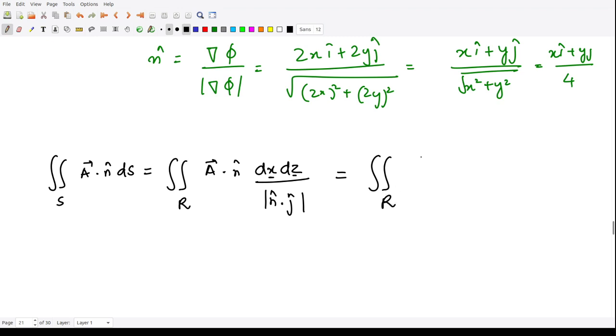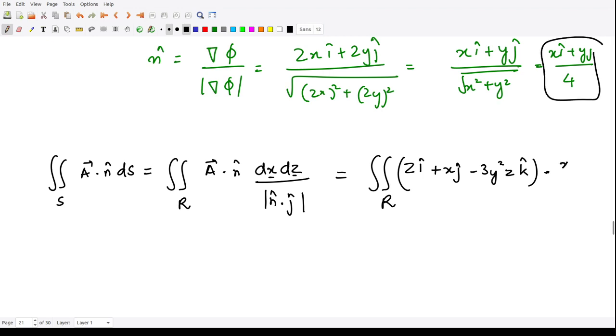So it would be over r, and vector a is given to us as z i cap plus x j cap minus 3y square z k cap. This quantity dot with vector n, which is x i cap plus y j cap divided by 4, into dx dz, and vector n dot with j would be y by 4. So this quantity would be y by 4.